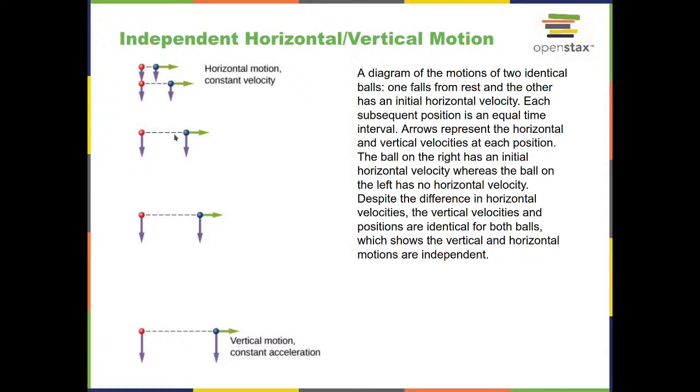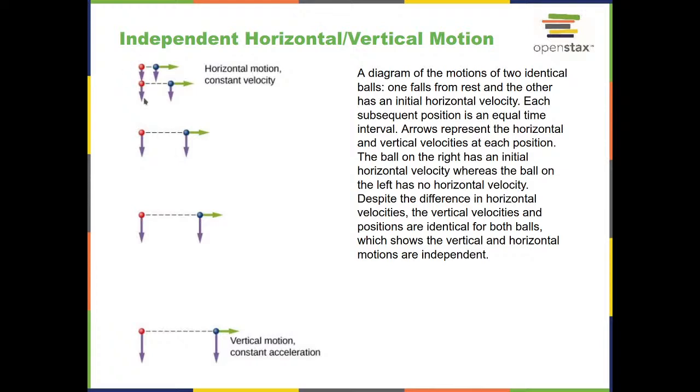They'll fall at the same rate. So after a certain time, they'll be at the same y height. At another time, they'll be at the same y height again. They'll remain at the same height at all times, as they of course accelerate due to the free fall that is taking place here. The only thing that's different is the horizontal component.